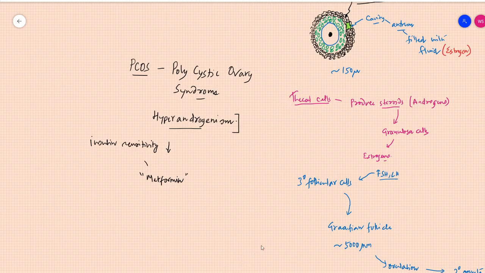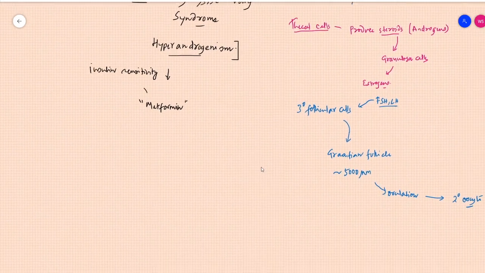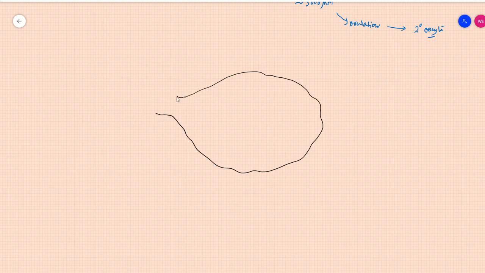Okay, so let's draw a typical ovary and see what's going on. Okay, so this is just a diagrammatic representation. So I'm trying to represent a typical ovary, and the ovary would have blood vessels coming in.